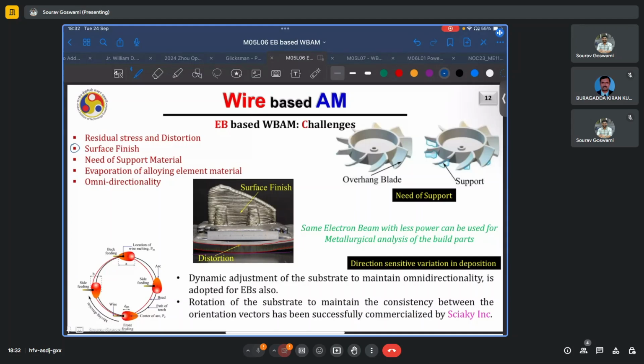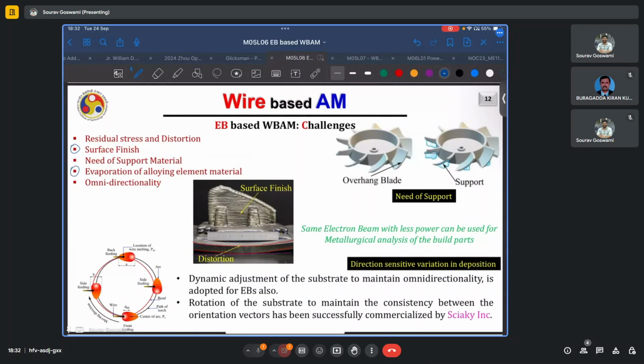Again, because of the high energy involved and because of the formation, melting and vaporization of the metals, certain elements can be selectively evaporated, which would mean that while your feedstock had one particular material chemistry and composition, the final deposited part has a different chemistry because of the selective evaporation of certain materials, and thus there is a change or detriment in the mechanical and metallurgical properties.